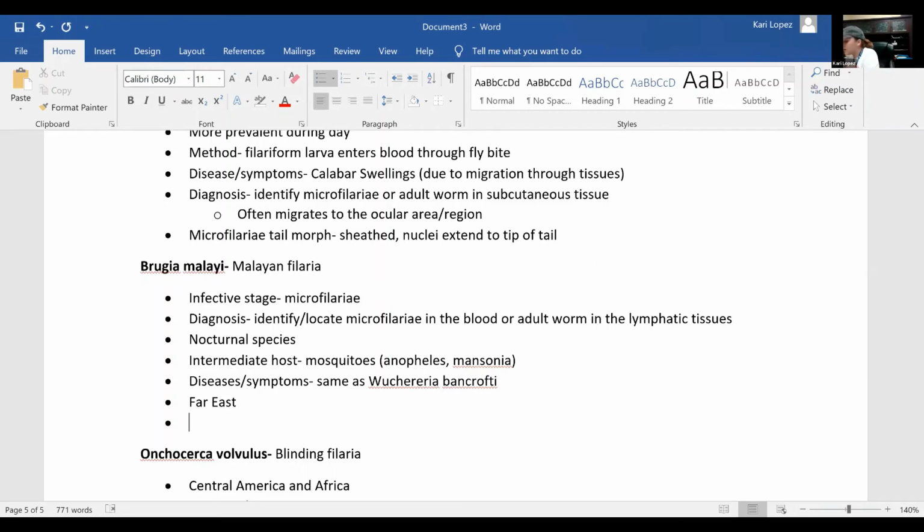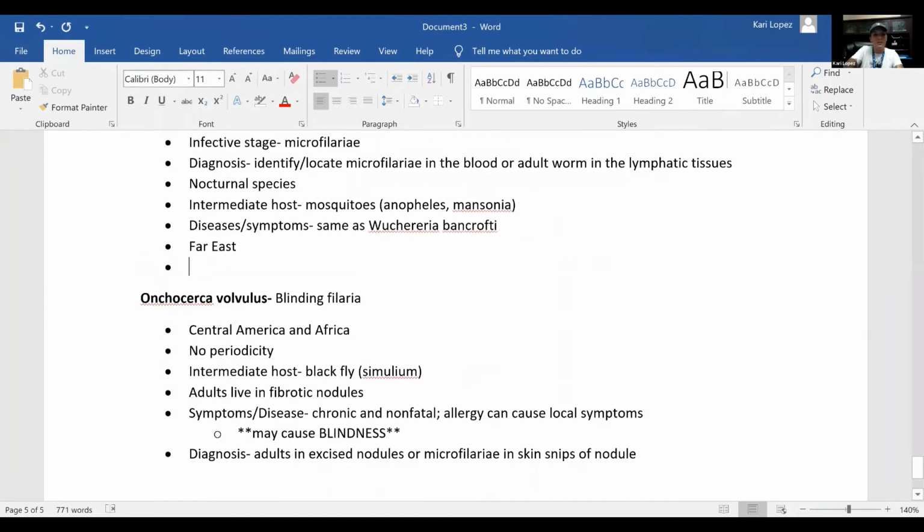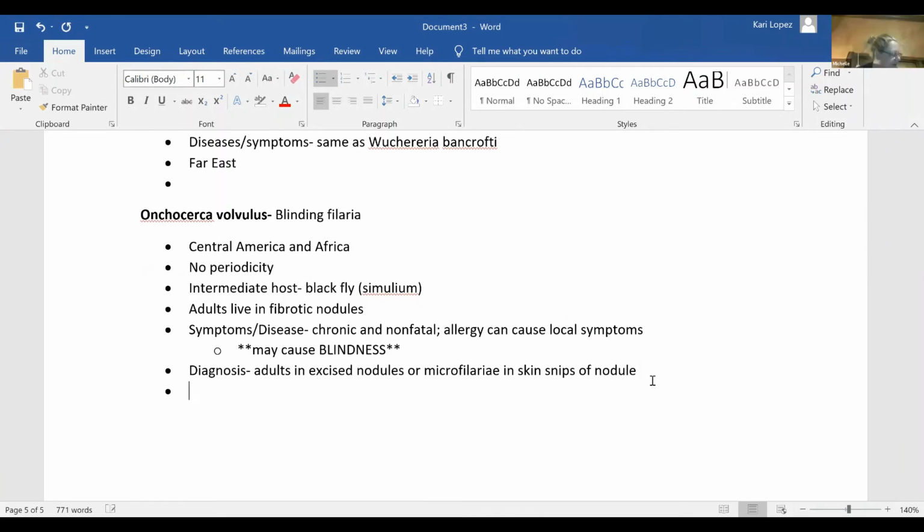Yeah, I was looking at those and I didn't see the Onchocerca one. Let's see, A3 shows, and that's the figure. It doesn't have a sheath. So no sheath. And nuclei, does that mean the nuclei don't go to the tip?